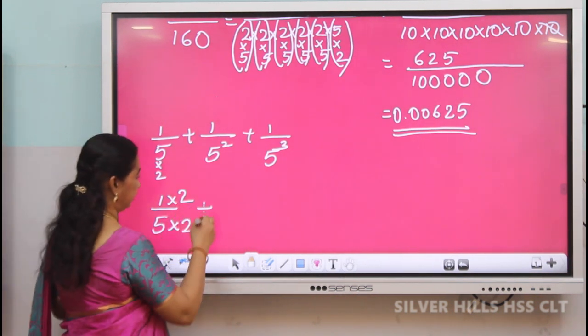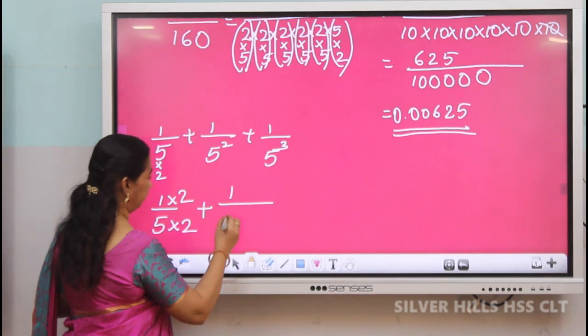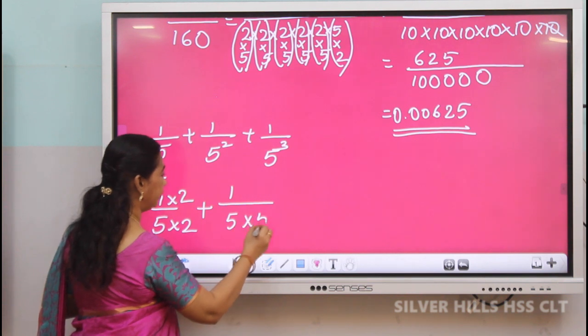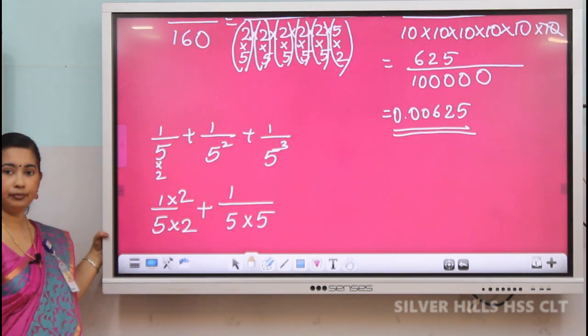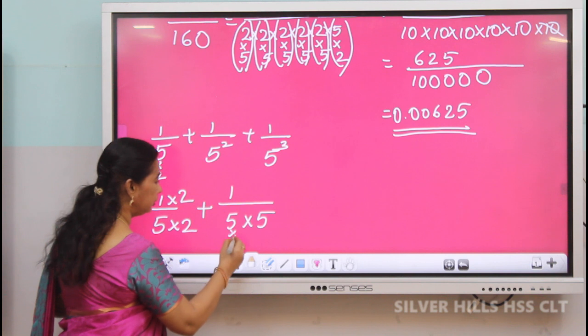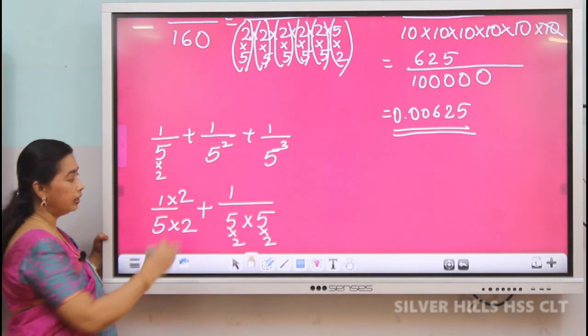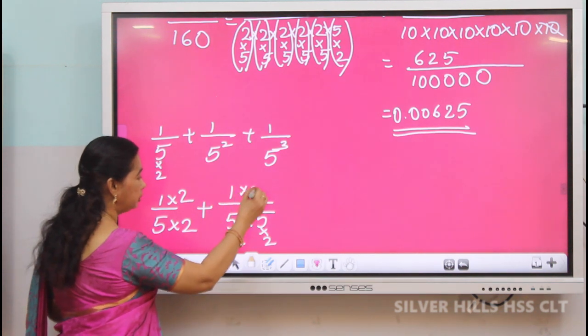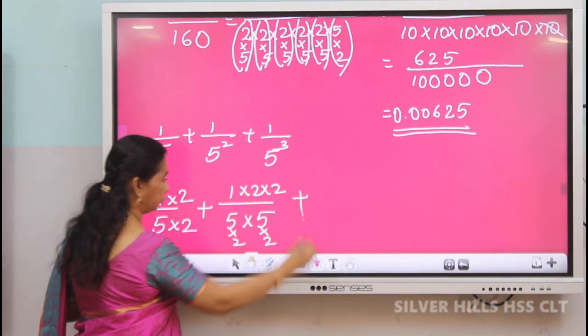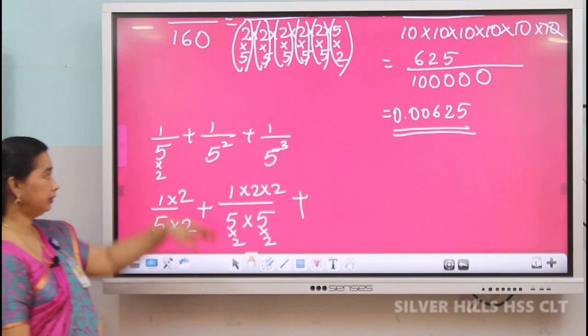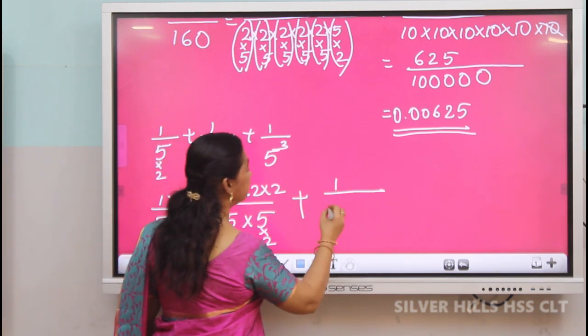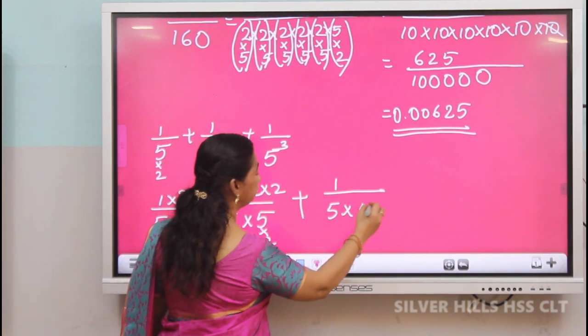Then plus, see the second one, 5 square means it is 5 into 5. So, I can multiply to this side also by 2 and 2. Same thing I can multiply, both 2's, in the numerator also. Same way in the third one, 3 5's are coming in the denominator.